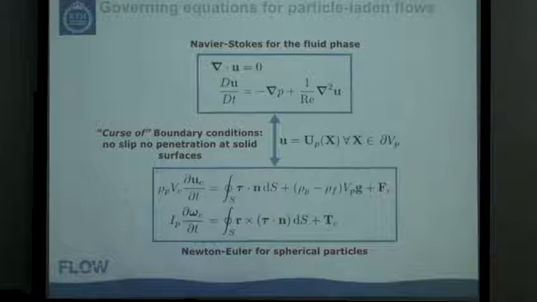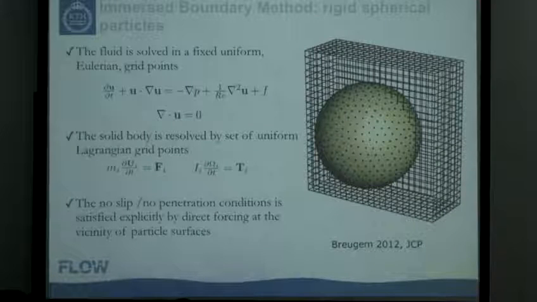The problem of all of this is what Professor Prosperetti called the curse of the boundary condition, the fact that we need to impose no slip, no penetration on surfaces that move around in the flow. So how do we do this? Well, we use an algorithm that is becoming more and more popular and relatively efficient, the immersed boundary method. In this case, you have two meshes, one Eulerian regular mesh where you solve the Navier-Stokes equations, and then a Lagrangian mesh, used to track the rigid particle in the flow.